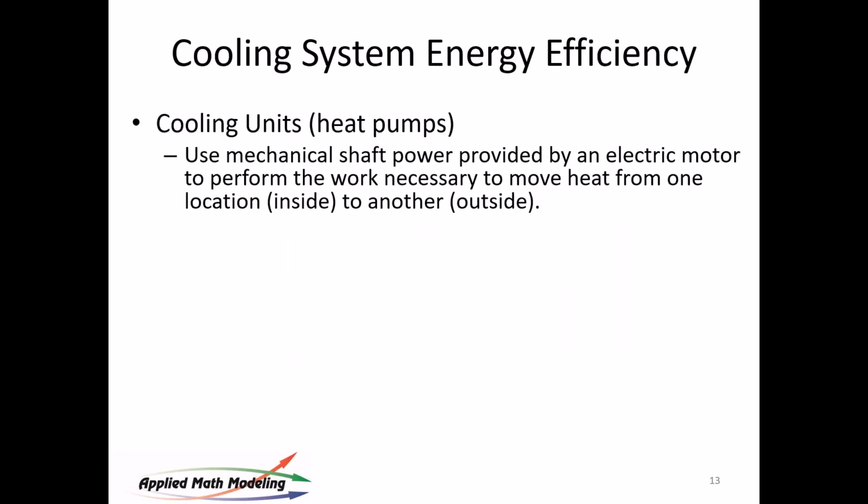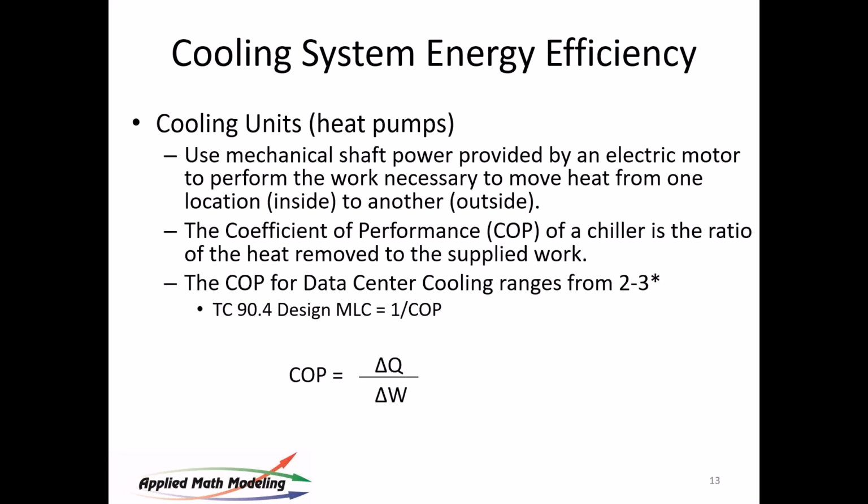Right. So, now, cooling system energy is made up predominantly of the heat rejection system. People often get confused when I say the word heat pump, but that's what it is. A chiller is a heat pump. They're all heat pumps. They're just moving heat from one place to another. And the coefficient of performance for a chiller is the ratio of the amount of heat you're dumping compared to the work you're doing. Typical COP for chillers is 2, 3, 4 if you're lucky.